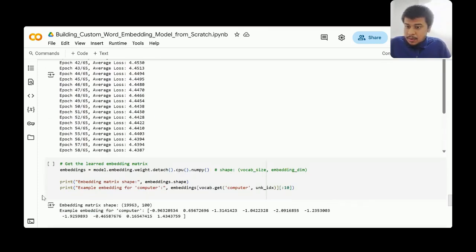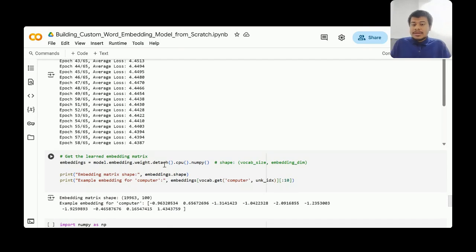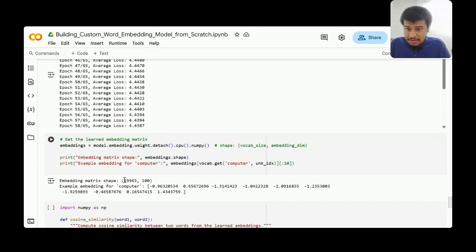Fine. And now we have got the model's word embedding weights, detached, and got the embeddings alone. So if we get the shape of this embedding matrix, this would be the shape. See, it's become this. We told you, right? V cross D. That is the embedding matrix's dimension. This is exactly W, and it's perfectly going with that.